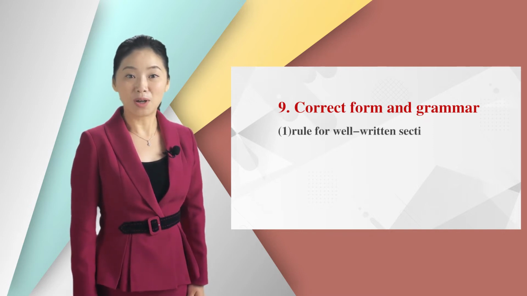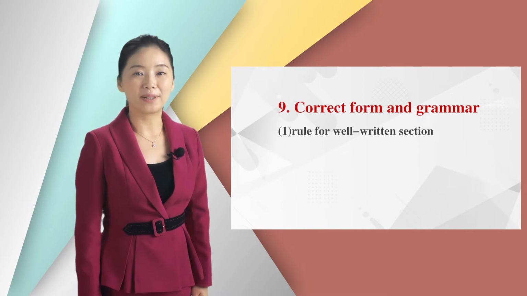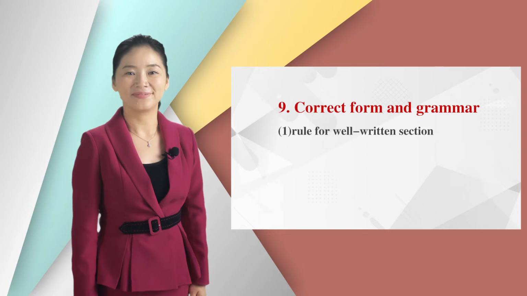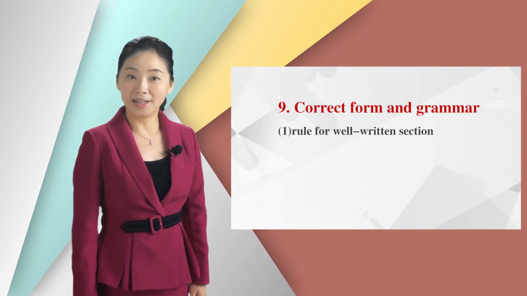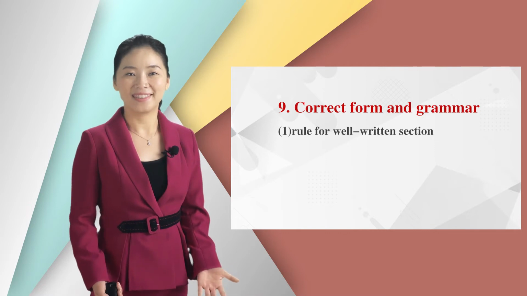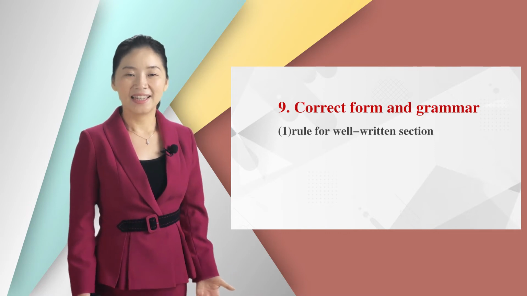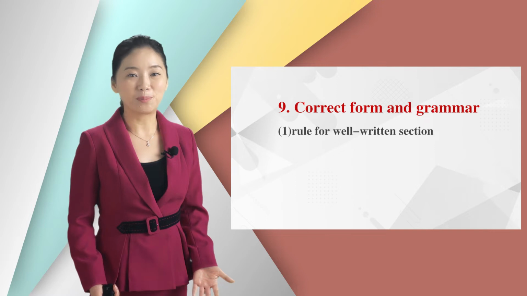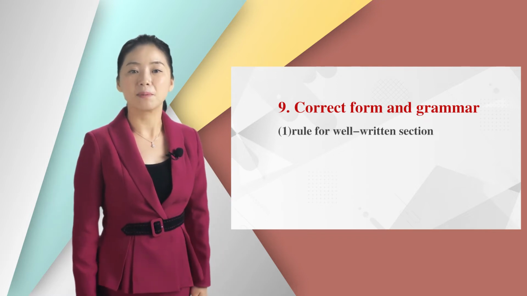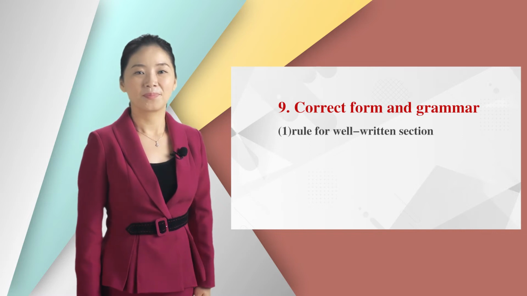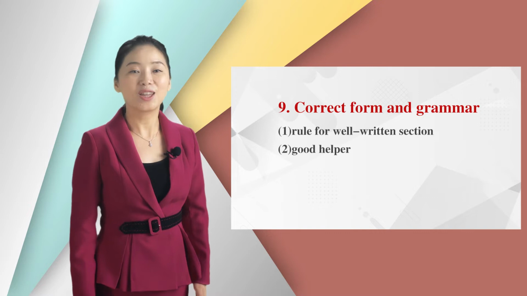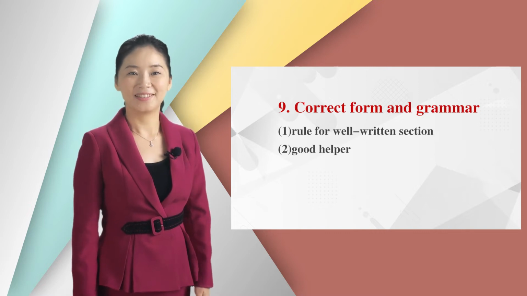There is only one rule for a properly written materials and methods section. Enough information must be given so that the experiments could be reproduced by a competent peer. Your peer can really be a good helper to you.